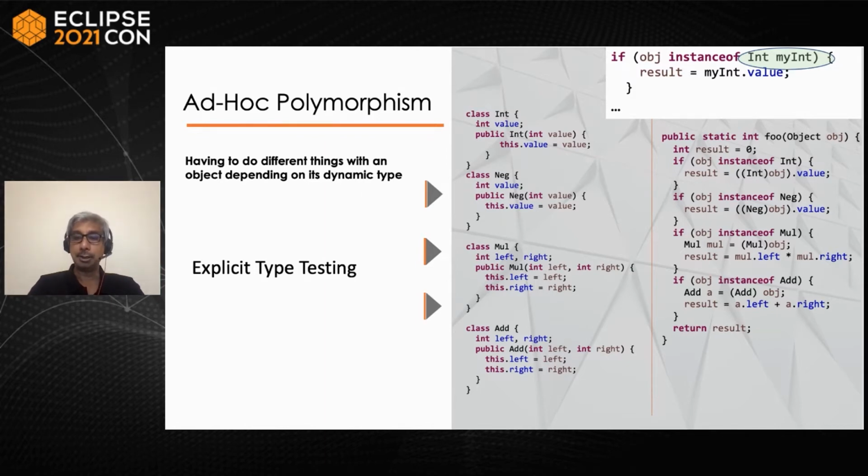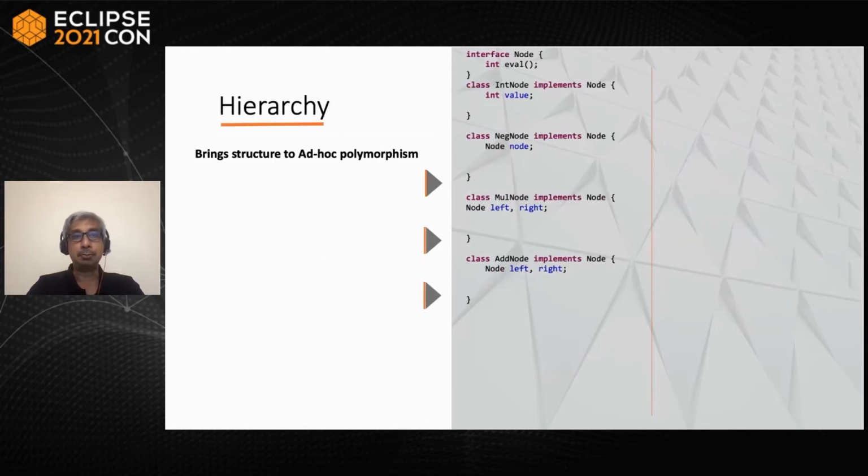And what is the immediate solution? That is something which all of us know. The first step is to create a hierarchy. And how do you create a hierarchy? We would create an interface, have Node implementations, and instead of Object we have Node as a hierarchy.